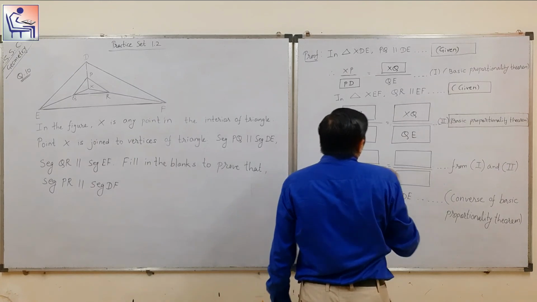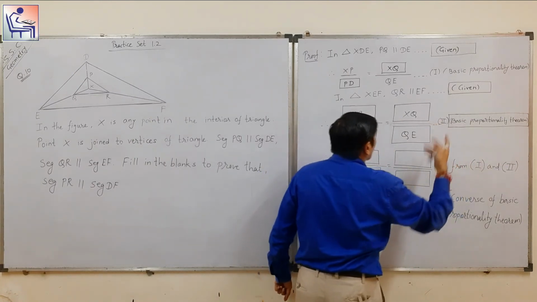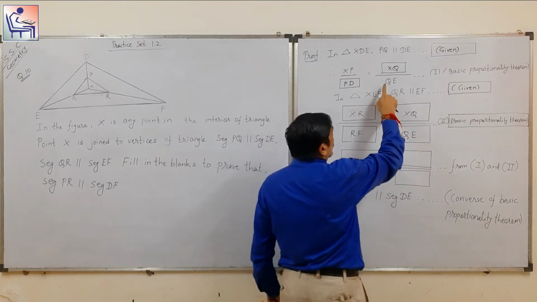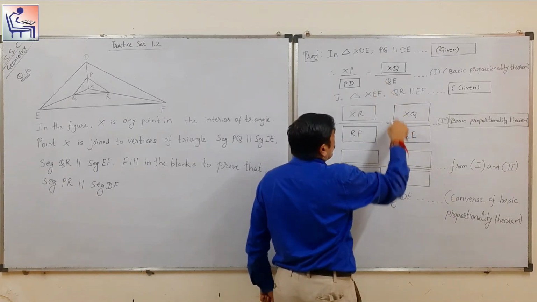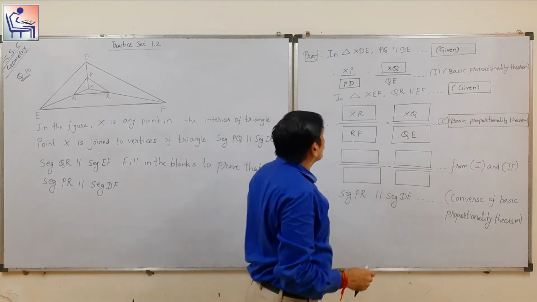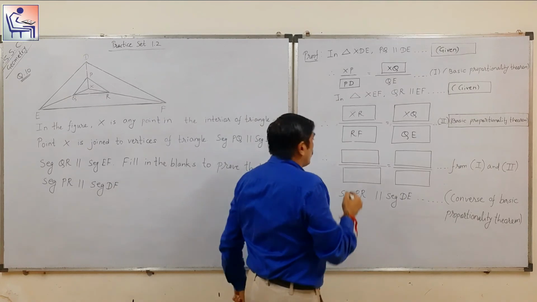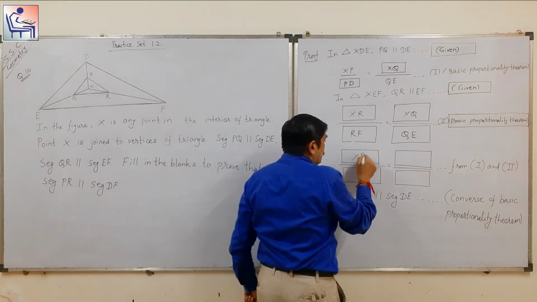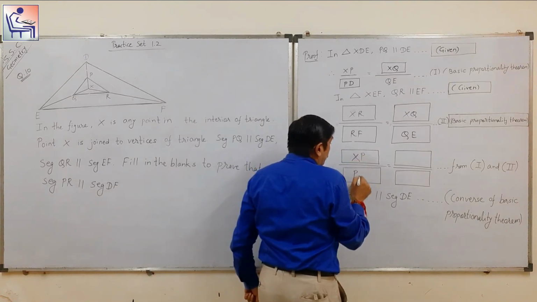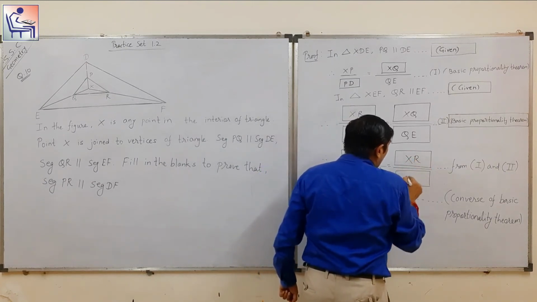Now from 1 and 2, what is common in both? XQ upon QE lies in both. So we can say that the remaining parts must be equal. XP upon PD is equal to XR upon RF.